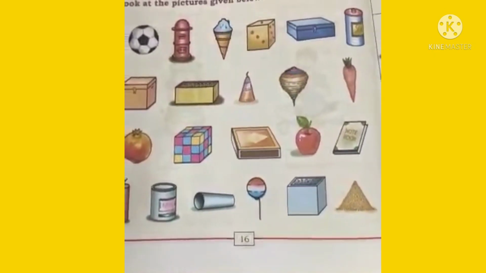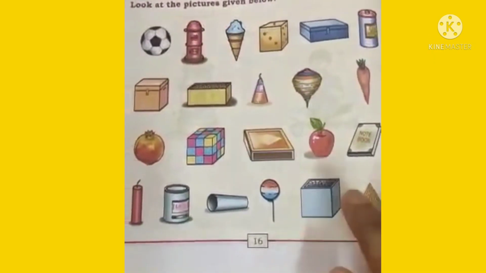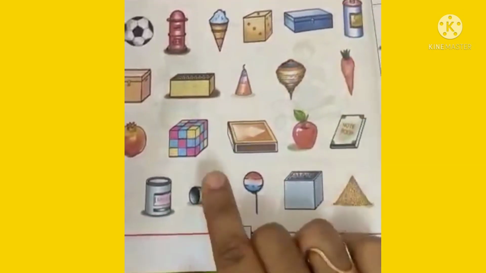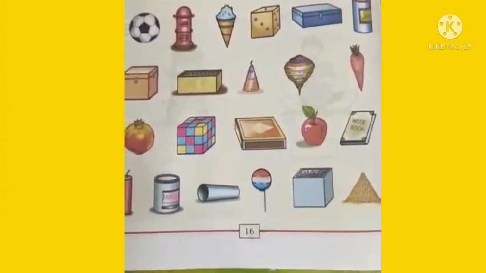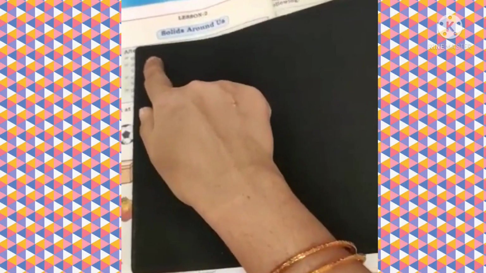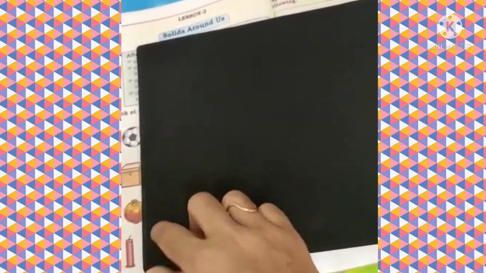We see many square-shaped objects around us like dice, biscuits, Chinese checker, mat, carom board, etc. A square shape has 4 sides: 1, 2, 3, 4. All sides of a square are equal. So that's why we are calling that shape square.